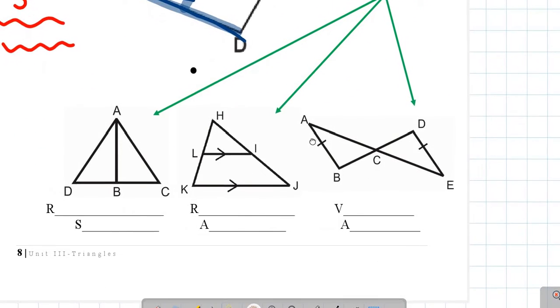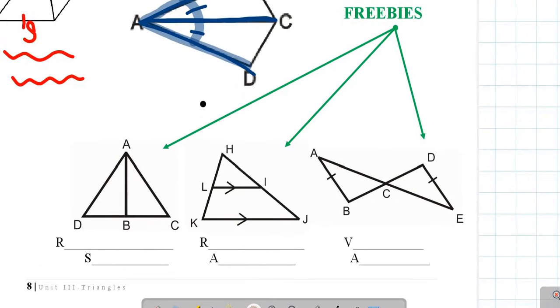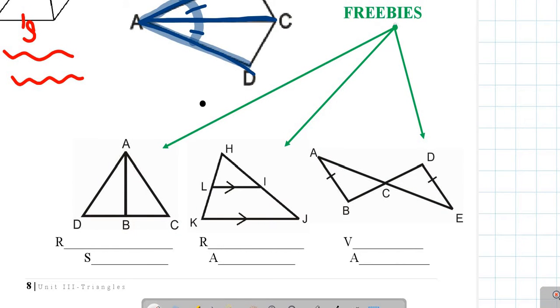Then you have what I call the freebies. These are things that are congruent even if it's not marked. And there's three of them.